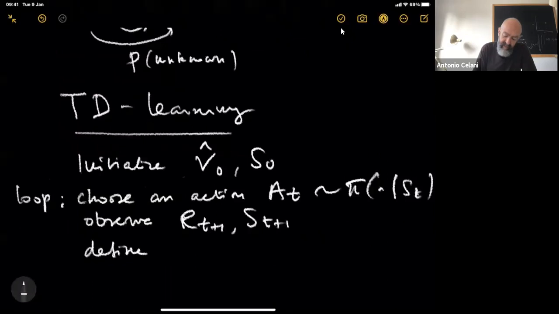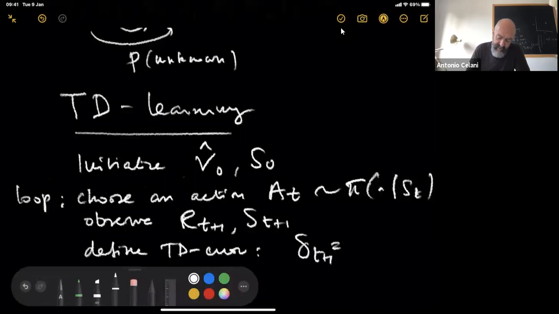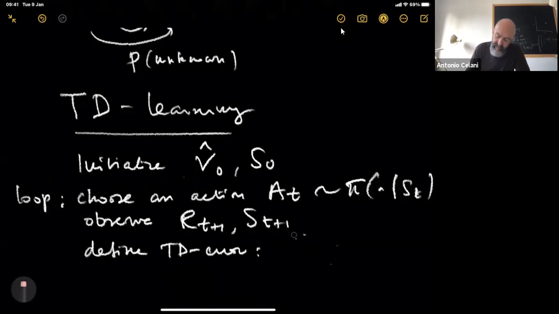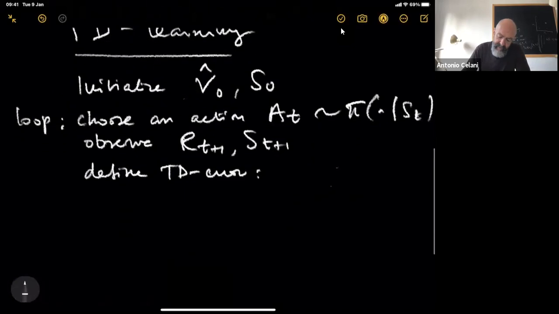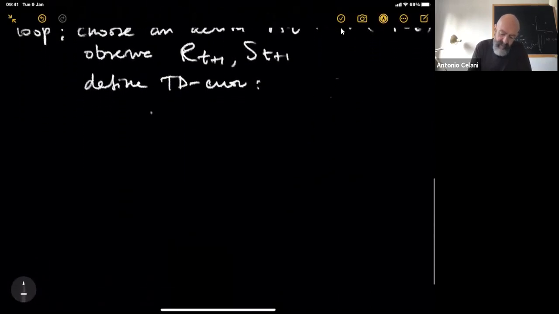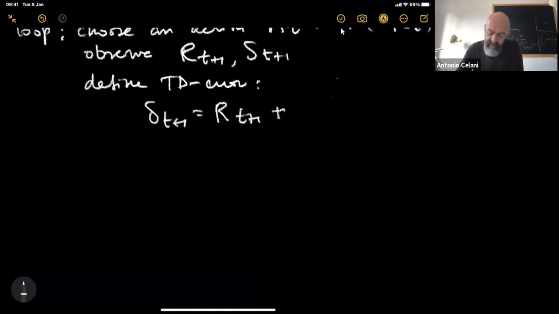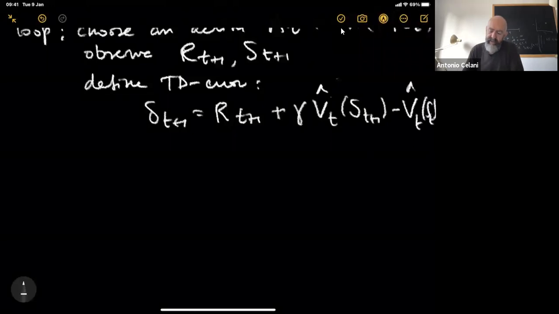And then you define the temporal difference error. The temporal difference error delta t plus 1 is defined as the observed reward plus gamma times your previous estimate at the newly observed state, minus your previous estimate at the current state.